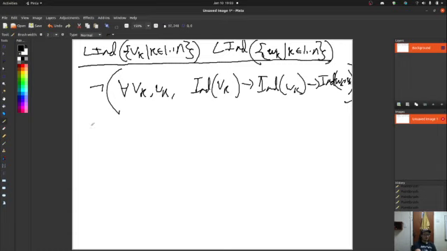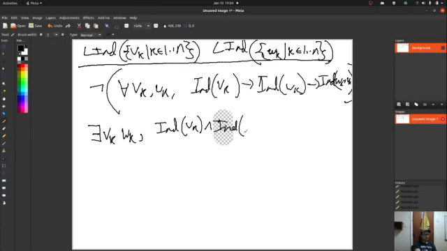So what that means is we're going to flip it. We're going to do there exists vk and wk such that vk is independent and wk is independent, and vk plus wk is not independent.